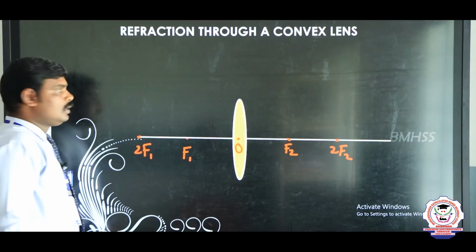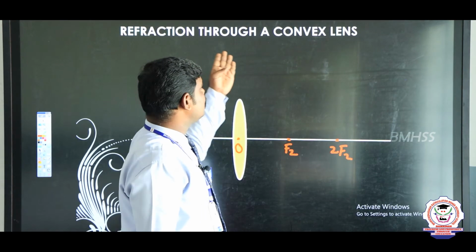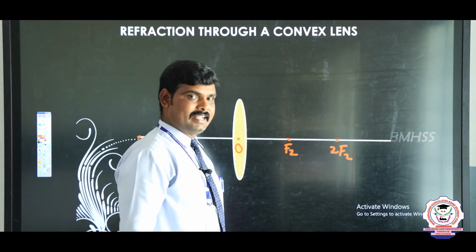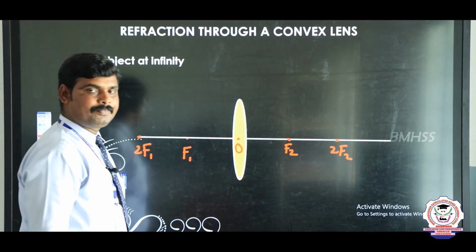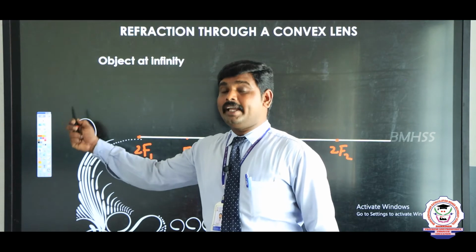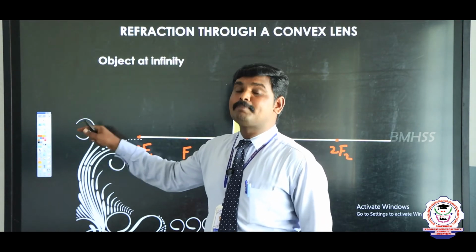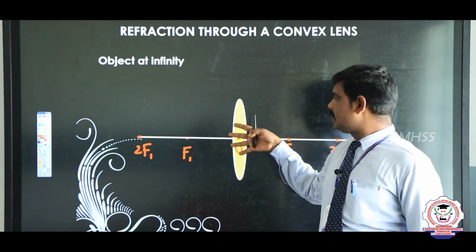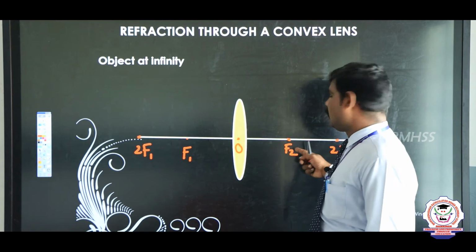Next, my dears, the next topic: refraction through a convex lens when an object is placed at infinity. When an object is placed at infinity, the light coming from that object is parallel to the principal axis. It falls on this lens, then meets at the focus.